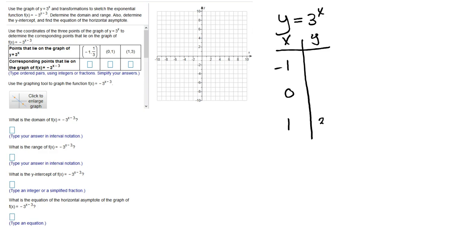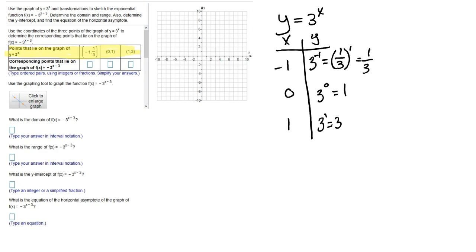So I'll start with the easy one. 3 to the first power would be 3. 3 to the 0 power would be 1. And 3 to the -1 power, that negative tells us to do the reciprocal of the base and then do the power. So that's 1/3 to the first power is 1/3. And you can see those are the same ordered pairs that they gave us in this chart right here.